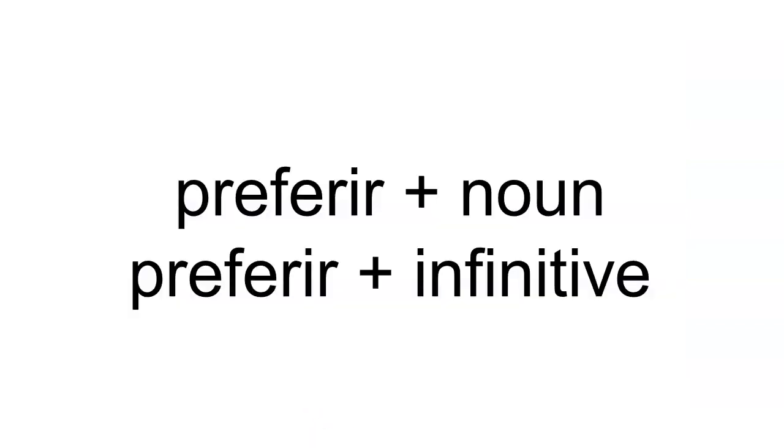There are 2 patterns. You can use preferir with a noun to say that you prefer something. You can also use preferir with another infinitive to say that you prefer to do something. So we're going to practice with both. Let's go ahead and start with the first one. If you're at a restaurant and you're deciding on what to eat, if you want to say, I prefer the salad, if you're given some choices, how would you say that?